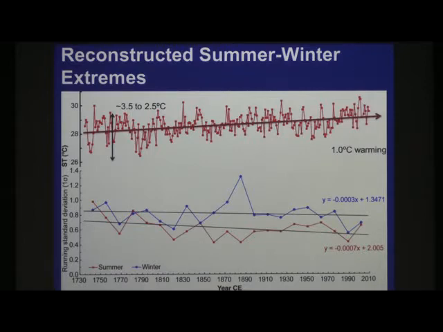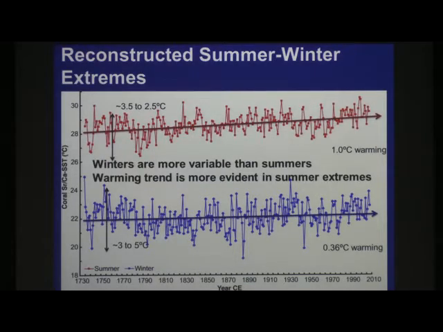This nicely shows that the summers have lower standard deviation than the winters, which are in blue. We also see that this variability is decreasing as we move from the 1700s into the present. Again, these are very small trends in both records, but we do see a decrease in variability in the two, with winters being more variable.